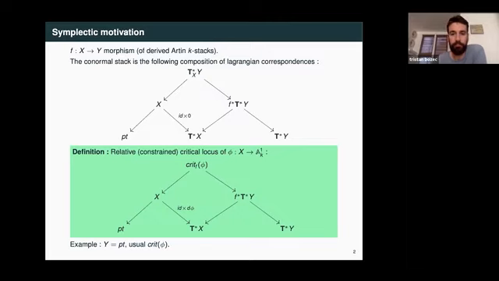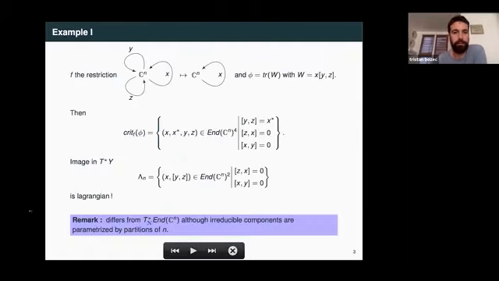Originally, in the traditional symplectic literature, this is really related to the problem of Lagrange multipliers. All right, so I'm going to give right away some examples connected to quiver representations.